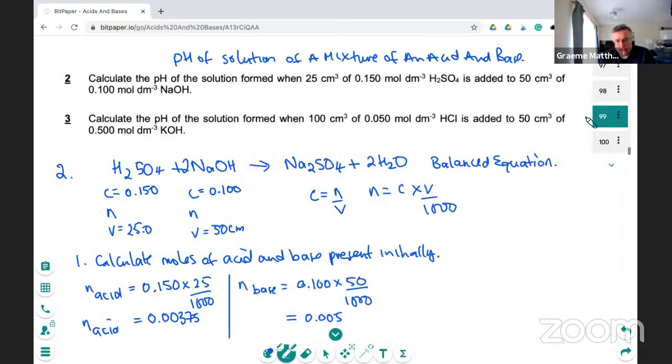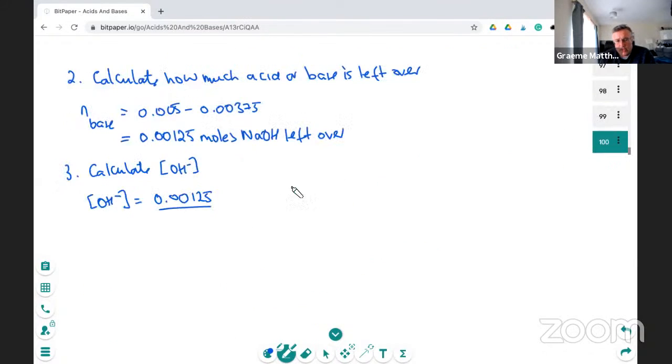Volumes are additive, so you've got 50 and 25, which is 75. You've got to convert to decimeters cubed, so we divide by 1,000.